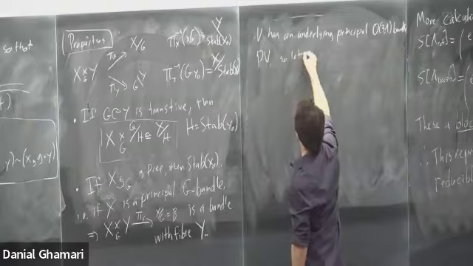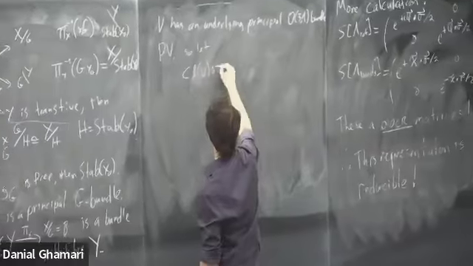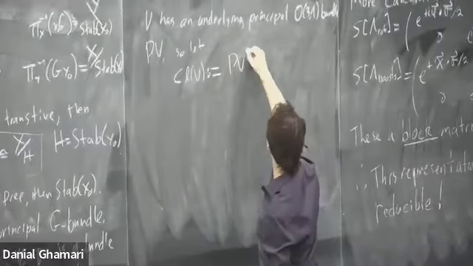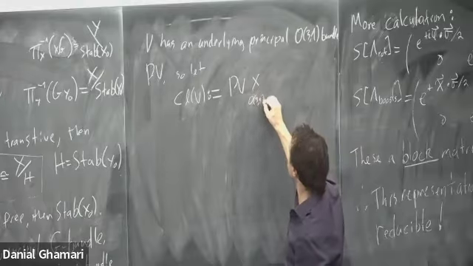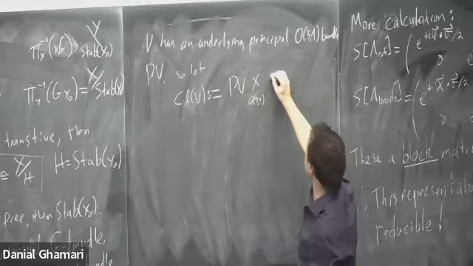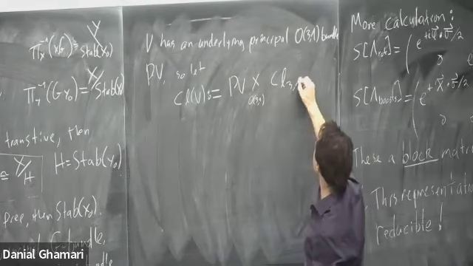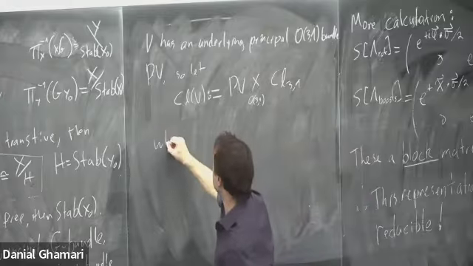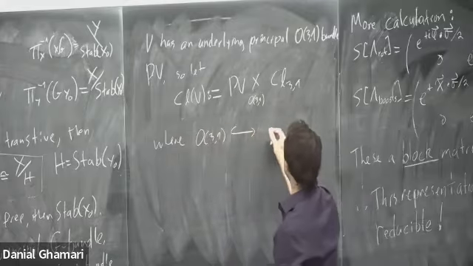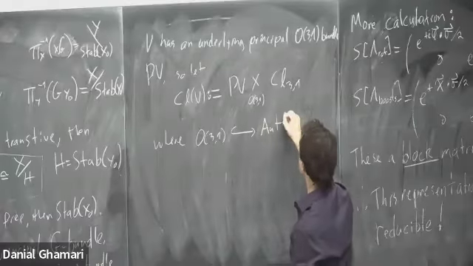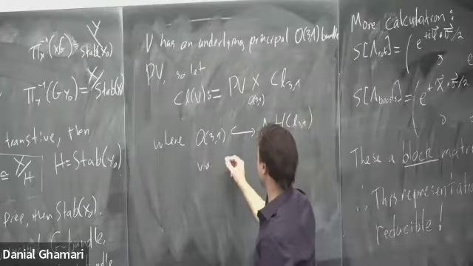So the Clifford algebra bundle is equal to the underlying O(3,1) bundle cross over O(3,1) with the Clifford algebra of the degree (3,1) space, where the action of O(3,1) on the Clifford algebra is the usual thing. That's by algebra automorphisms via the universal property.